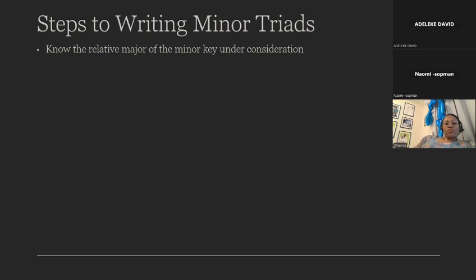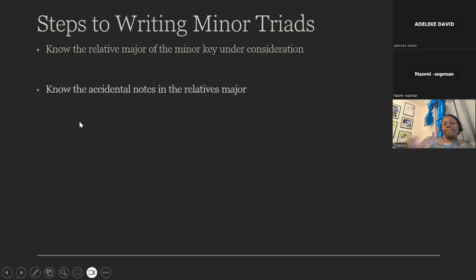Quickly, I need an answer. C major. Thank you. So that must be settled. Now you have known the relative major. The next thing you need to know is the accidental notes in the relative major. Does C major have accidental notes? No. It's a natural key. So that settles the second condition.